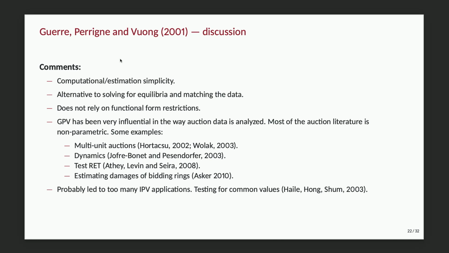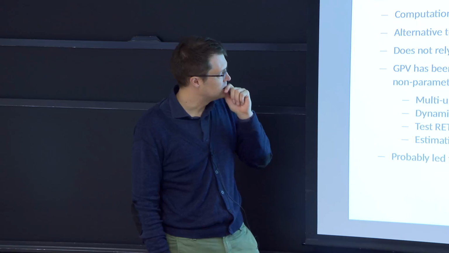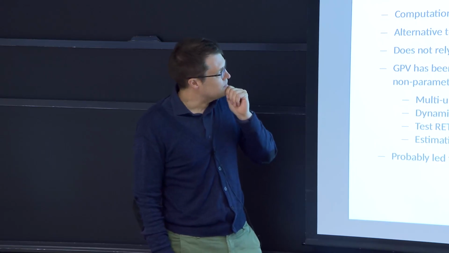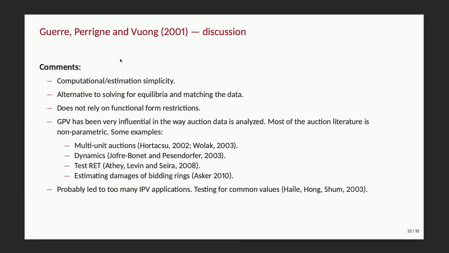I think Excel has kernels, so you can probably compute valuations in Excel if you wanted to. If you compare this to the process that I walked you through earlier, that's of course a great improvement. It has this advantage that it does not rely on functional form restrictions. And as I said, this has been a very influential paper.